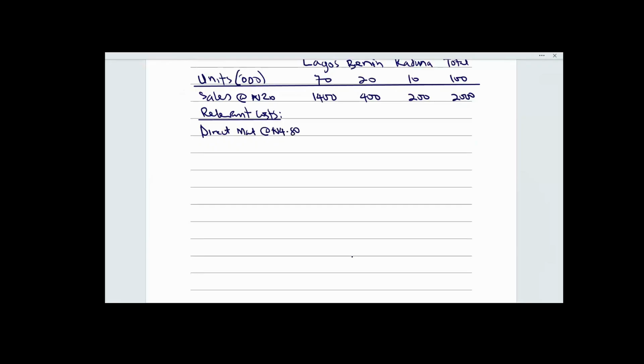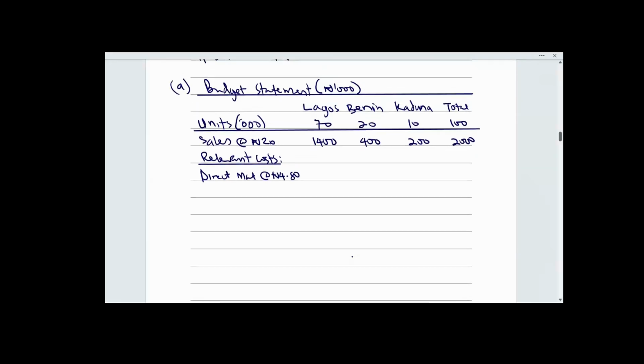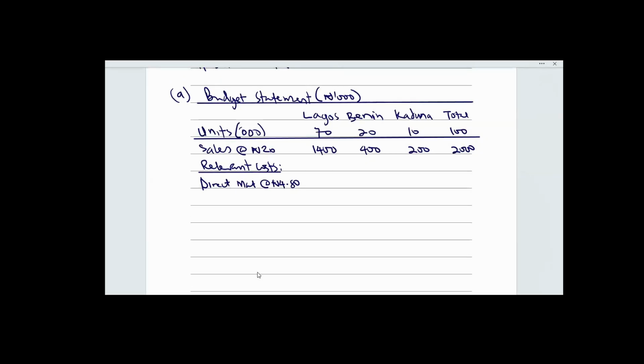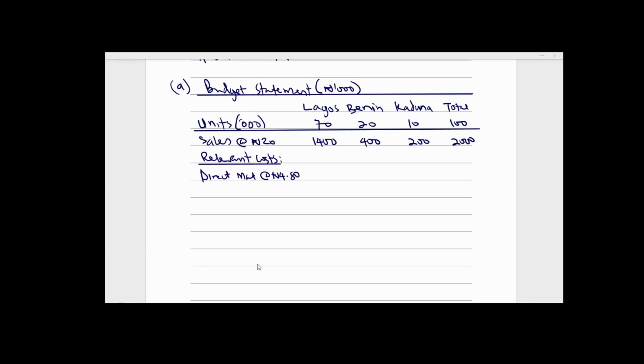To get the relevant cost, the total direct material cost for Lagos will be 4.8 multiplied by 70, since 70,000 units is produced. That's 336. It's a cost, so put it in brackets.